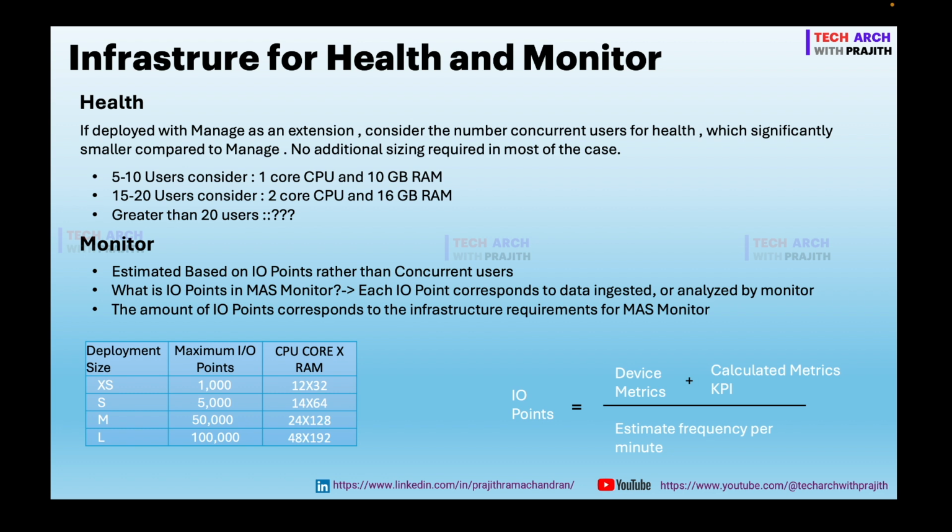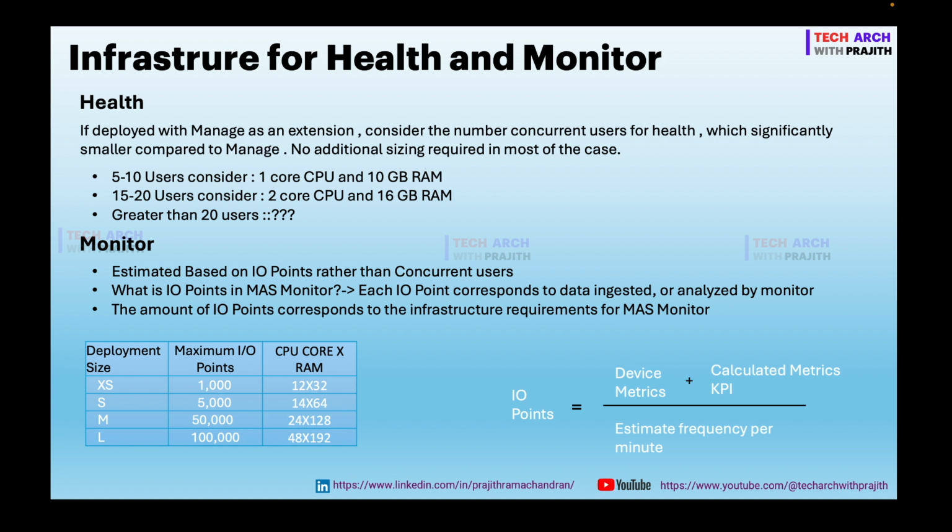But from my experience, what I understand, if you have 5 to 10 users, consider one core CPU, 10 GB RAM. That means if you already sized manage and you want to enable health as extension, look at your current capacity. If you feel enough pods cannot be accommodated, remember the health extension doesn't create any additional health pods or anything.